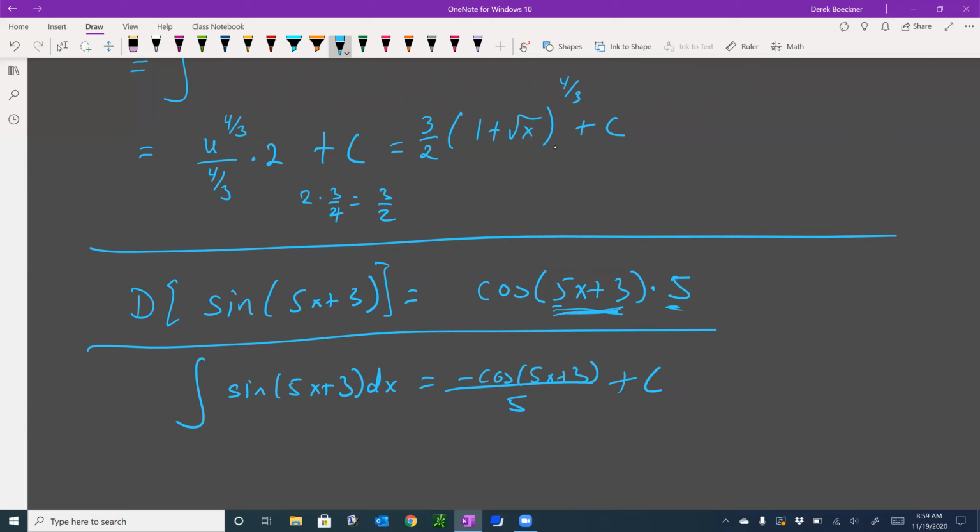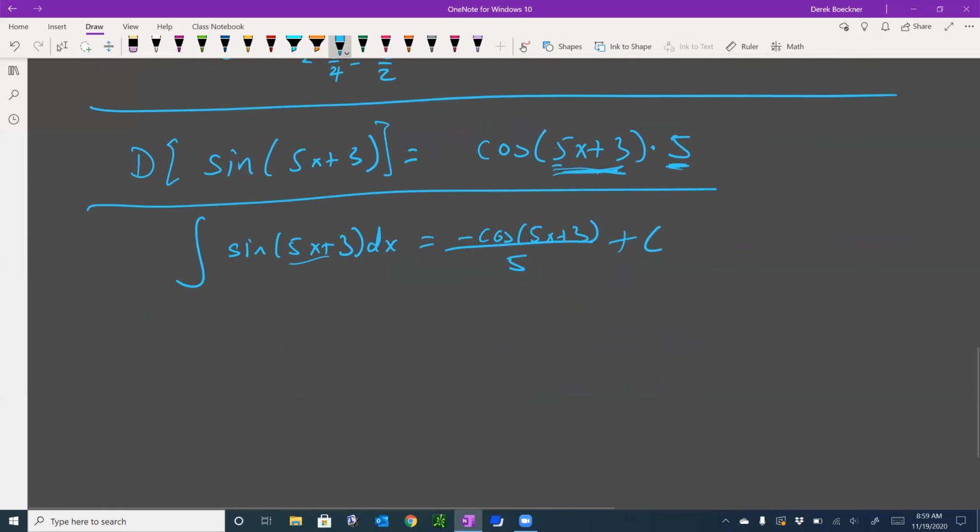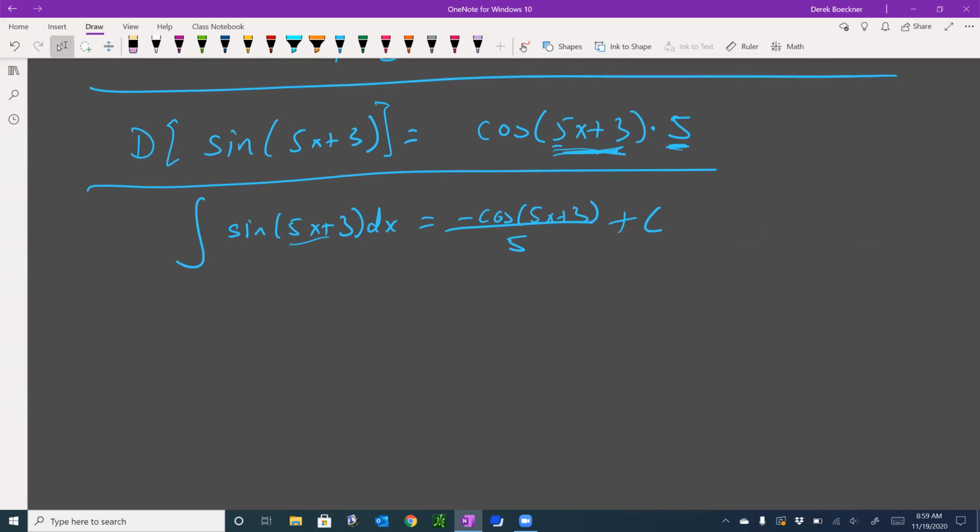But if your inside thing's just linear, for the chain rule, you multiply by the 5, the slope. For the substitution, you divide by the slope. So linear functions being your inside function make things kind of nice and easy, because linear functions have a constant derivative, which turns out to make stuff nice.